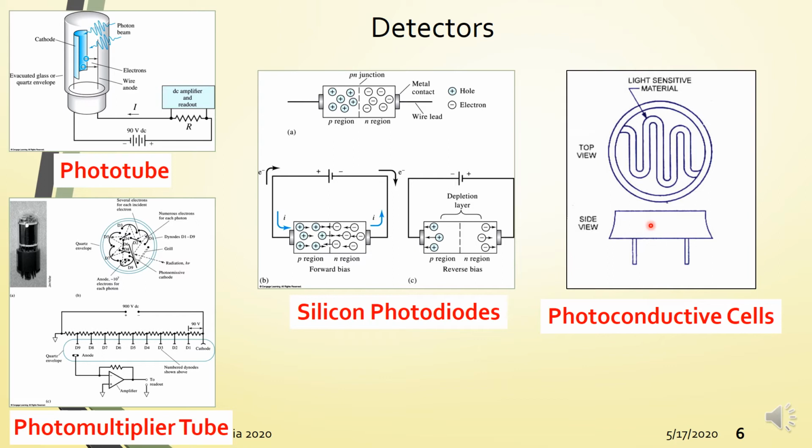Next, you have your photoconductive cells. This is quite unique, because this is a photon detector which can be used for infrared spectroscopy. So normally, the light-sensitive material is made from a ceramic, lead sulfide, or more commonly, what's called MCT, mercury cadmium telluride.